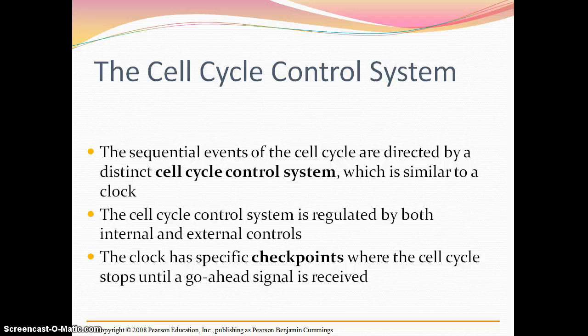But first, looking at within the cell, there's a cell cycle control system, which you can think of as a clock. So if you think of the cell cycle as a clock, there are specific checkpoints along that rotation of the clock. And if there's not a go-ahead signal at each of those checkpoints, then cell division is not going to occur.